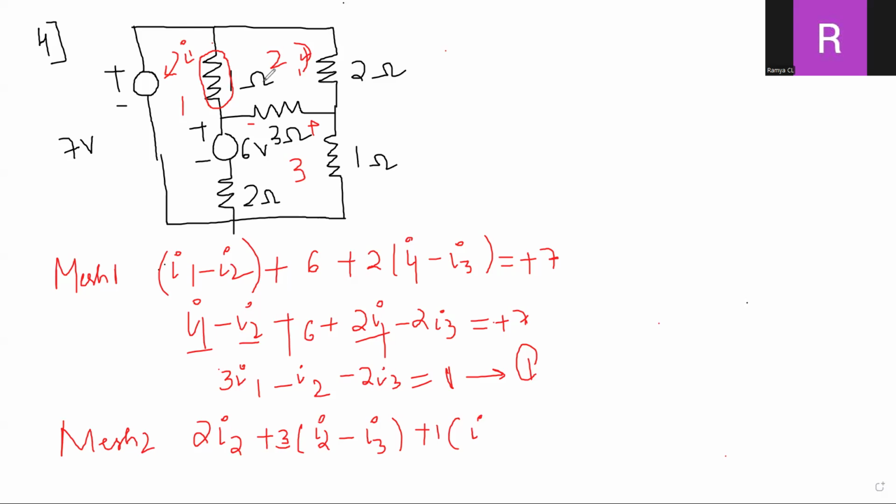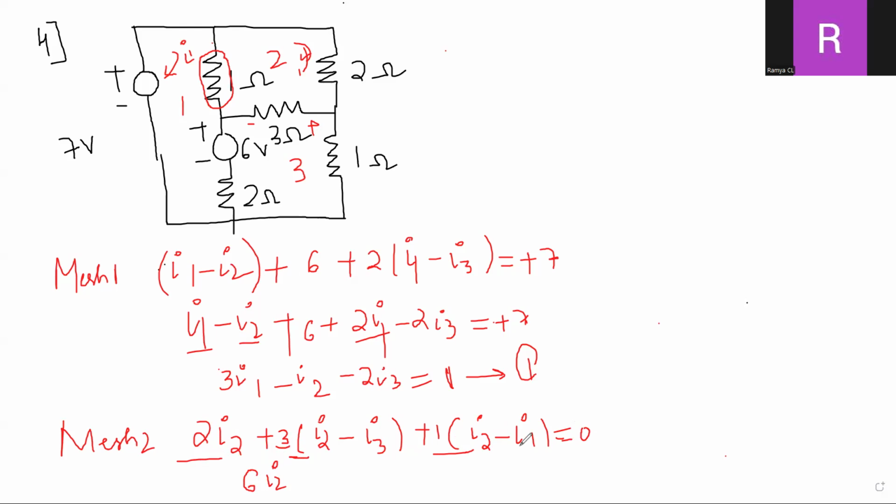Plus 1 into I2 minus I1. Nothing EMF is there, so it is equal to 0. So you have 2I2, 3I2, 1I2, totally 6I2.